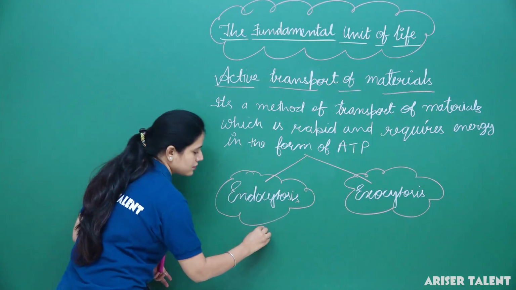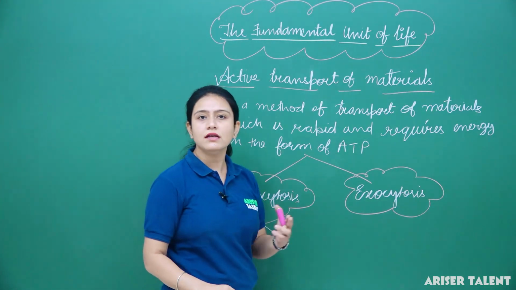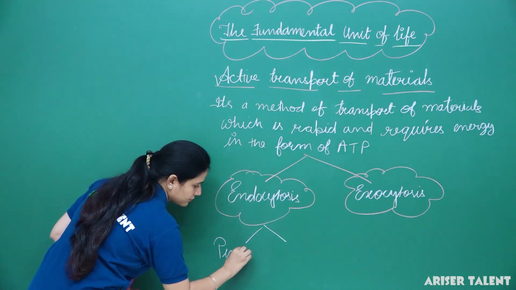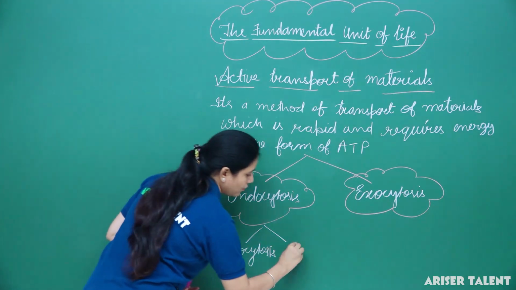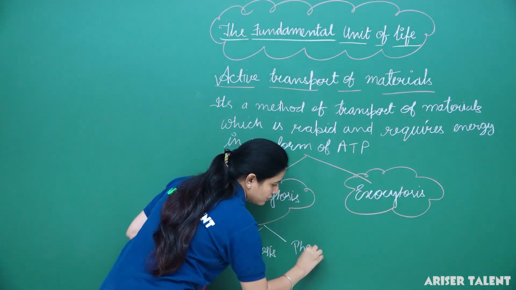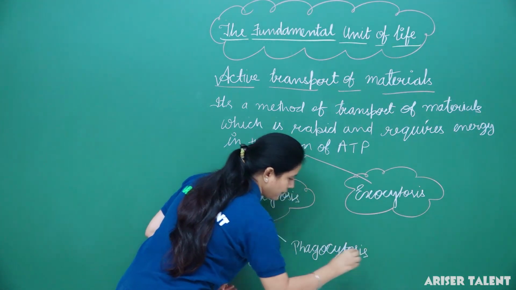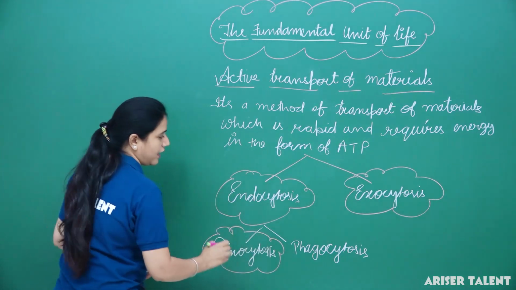Again, endocytosis also takes place by two methods, that is pinocytosis and phagocytosis. Okay, so these are the two methods of endocytosis.